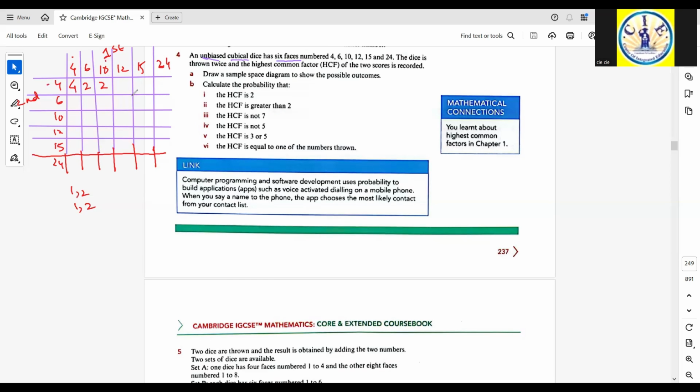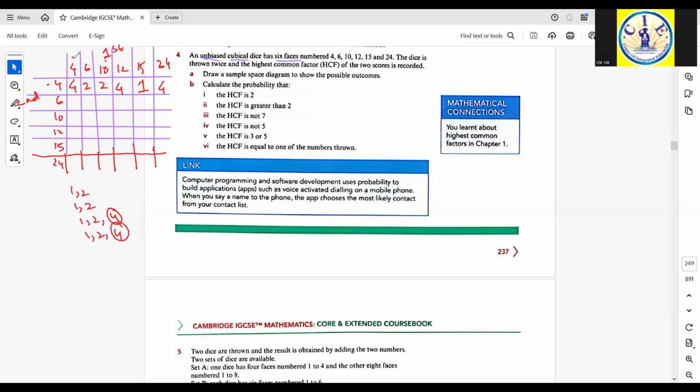For 4 and 12, the common factors are 1, 2, and 4. So HCF is 4. For 4 and 15, only 1 is the common factor, so that is the HCF. For 4 and 24, 1, 2, 4, and that's it. So HCF is going to be 4.